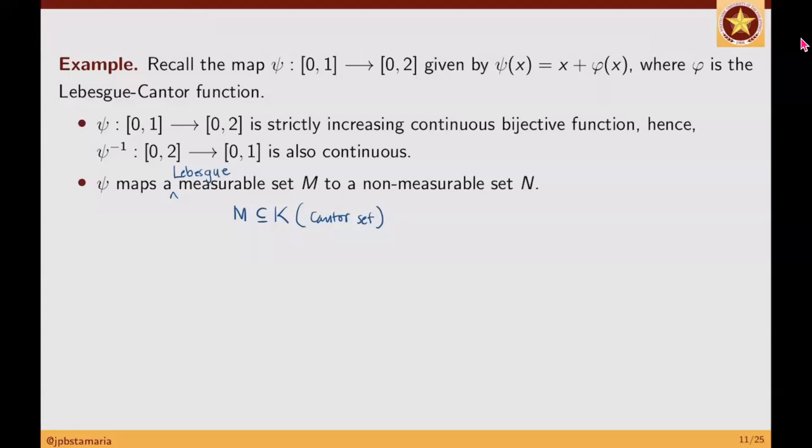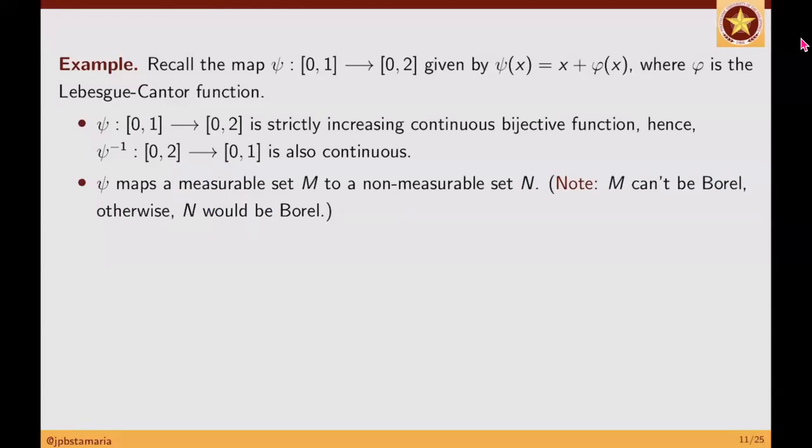Ang idea dito, yung function na ito turns a Lebesgue measurable set M to a non-measurable set N. Nakahanap tayo nito last time. Hindi ko na isusulat kung ano yung M at N, basta they are exactly the M and N that we discussed in the previous lecture. Sabi natin nung nakaraan, M can't be Borel.